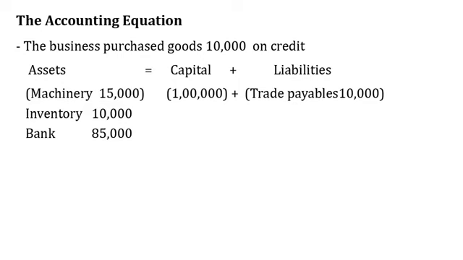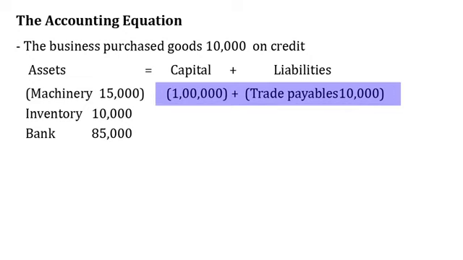So where does that additional 10,000 come from? That additional 10,000 will now become a liability for the business, and the supplier who has supplied the particular goods to the business is known as trade payable, which is a liability till the time the business makes the payment to that particular trade payable. That is, till the time that 10,000 rupees is paid by the business organization to the supplier, it will be termed as liability.